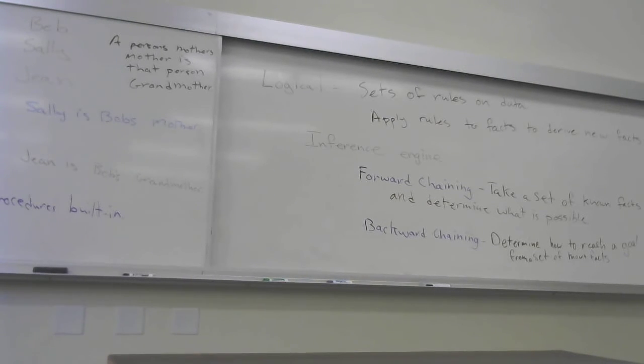Now, is this always true? This is not always true. When would this not be true? So we want Jean to be Bob's grandmother. When is it not true that Jean is Sally's mother? Say that again? Jean is Sally's what?